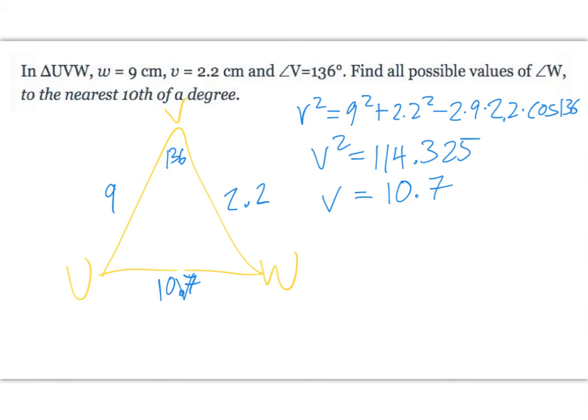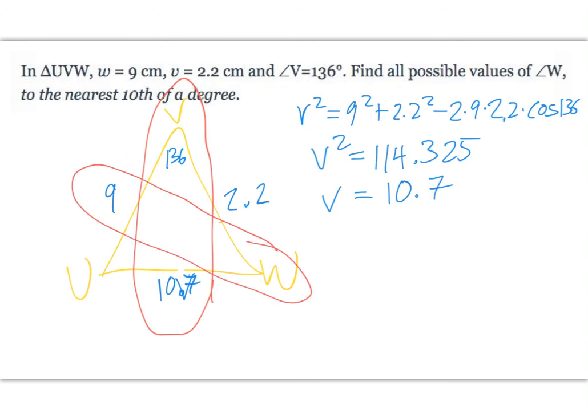So here's where the law of sines is going to come in. Now that I have an opposite pair of things, we're still looking for W. I'm going to have to use the law of sines to find that. And in looking at this, we're going to have sine of W over 9 is equal to sine of 136 divided by 10.7.